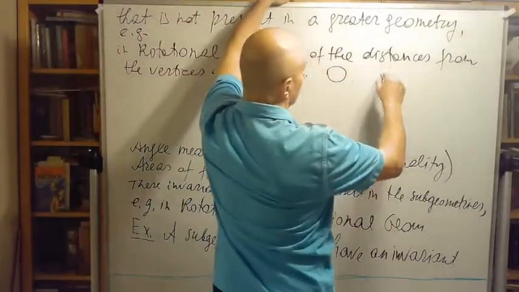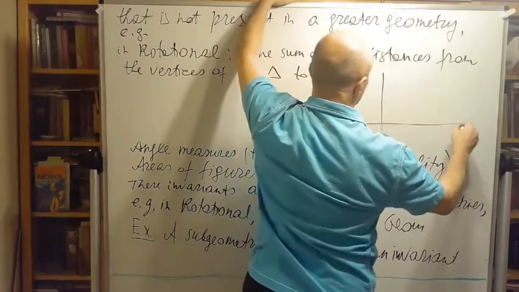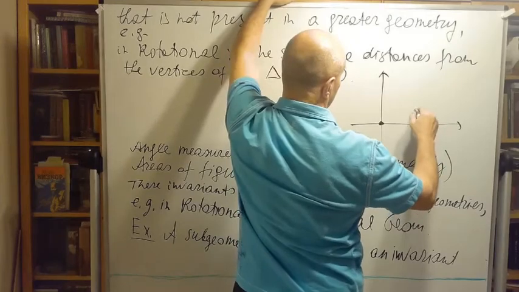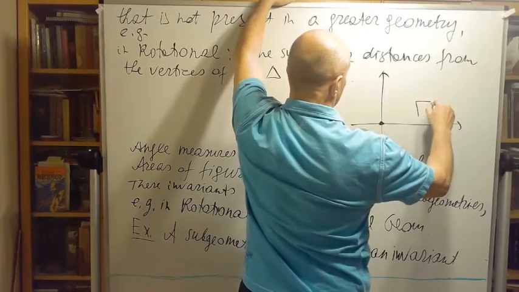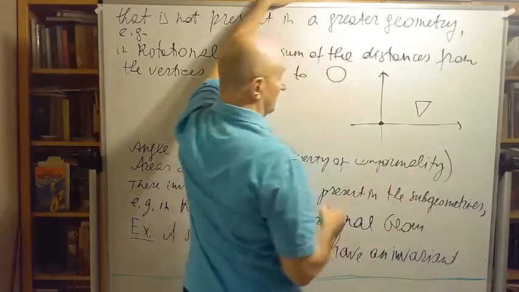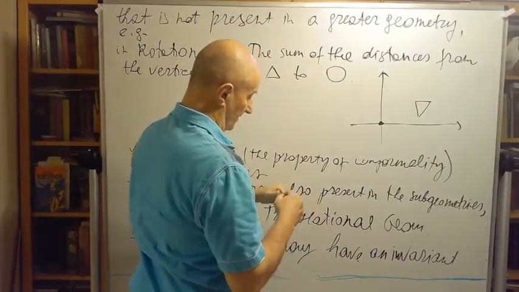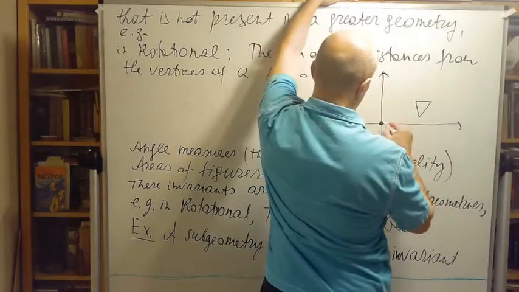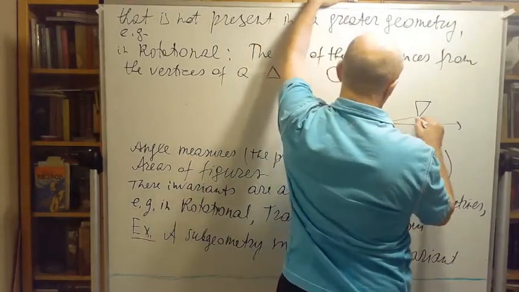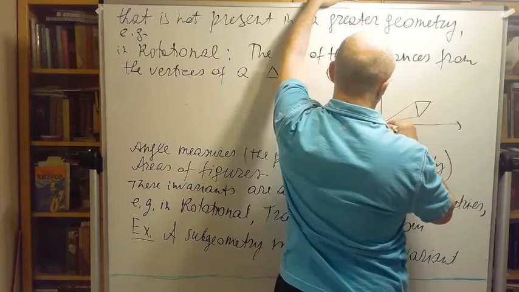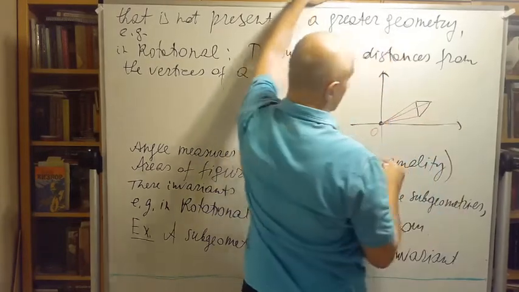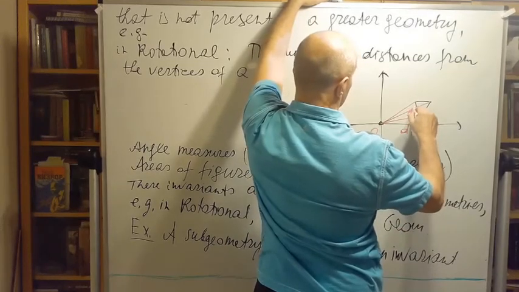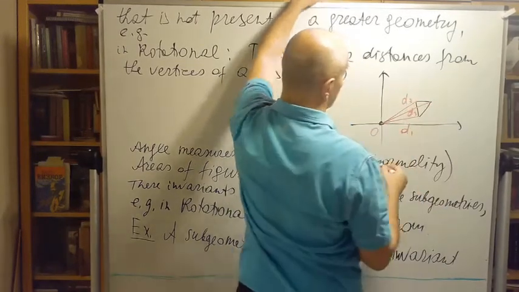Indeed, suppose there is this triangle, we have the distances from the origin to the vertices of this triangle. This is the origin. So we have this distance, and this distance. We have distance 1, distance 2, and distance 3.